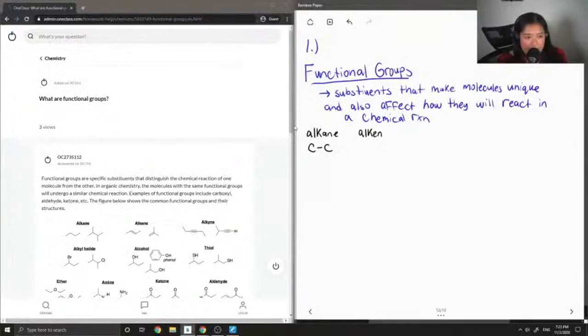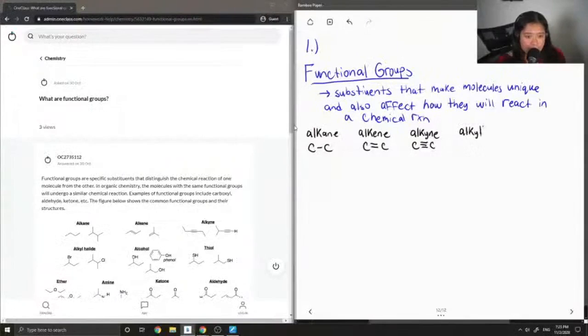You can have an alkene bond, which shows that there is a double bond between carbon atoms. And lastly, there is an alkyne, which, as you can guess, represents a triple bond between two carbon atoms.